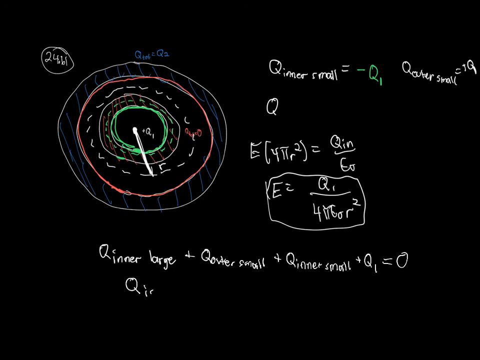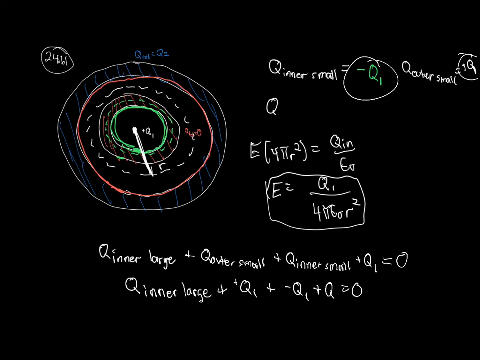Q inner large plus Q outer small. What was Q outer small? Q outer small is positive Q1 plus Q inner small. Q inner small is negative Q1, plus Q1 equals 0.